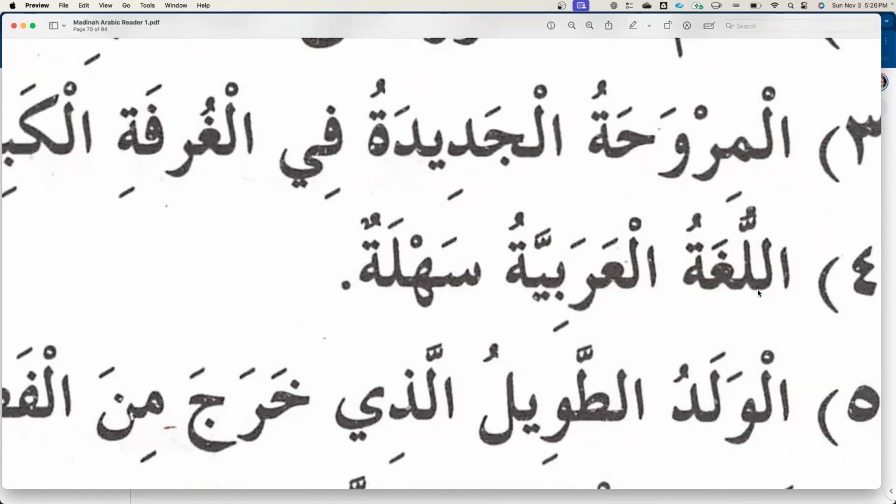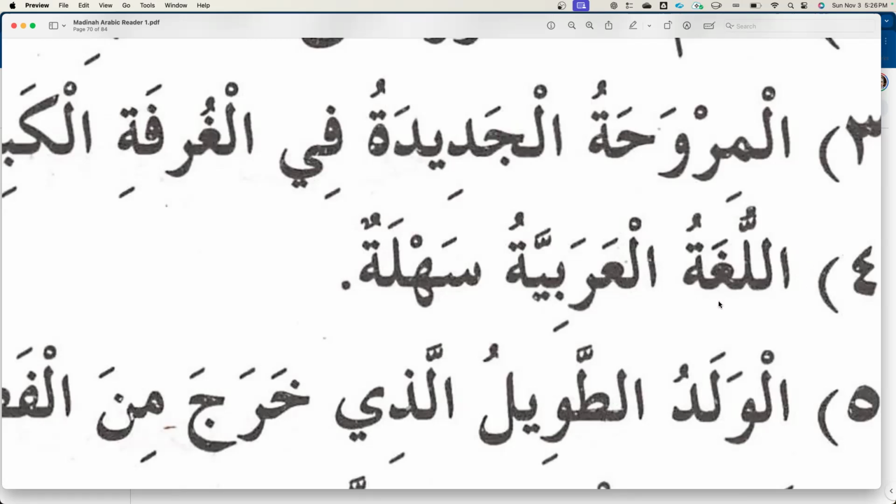Al-lughatul Arabiyyatu, the Arabic language. You put an adjective to the word lugha, so al-Arabiyya is an adjective of al-lugha. Does that make sense? It's an important concept.